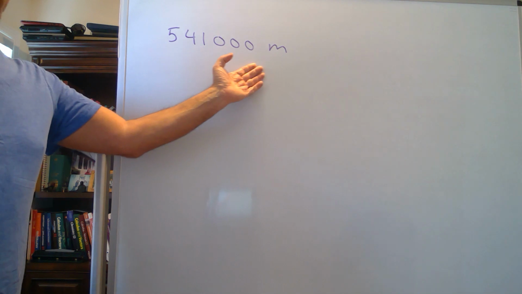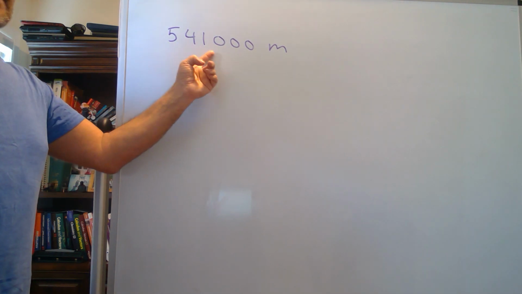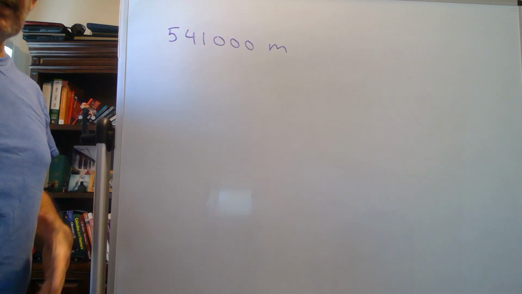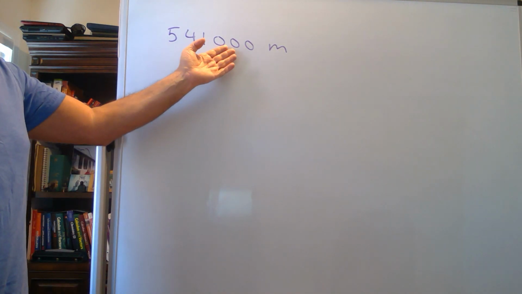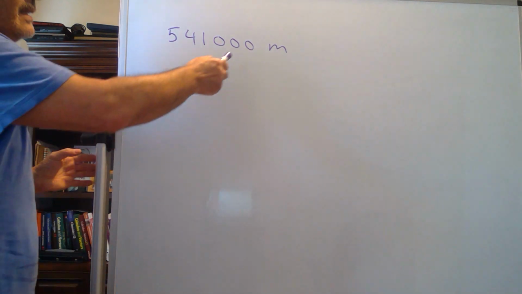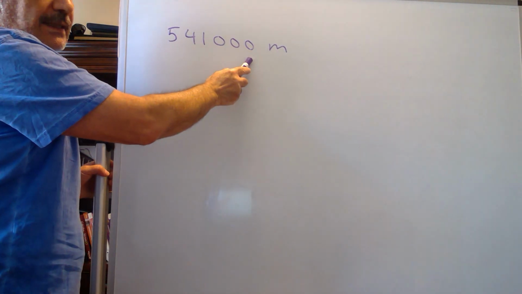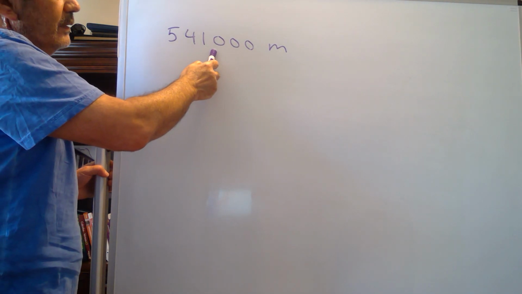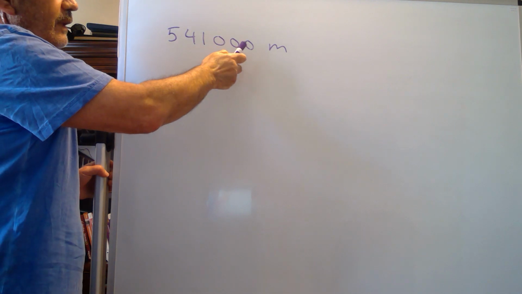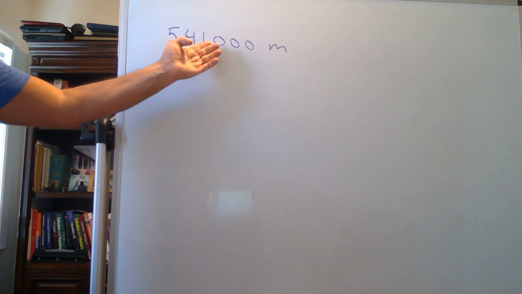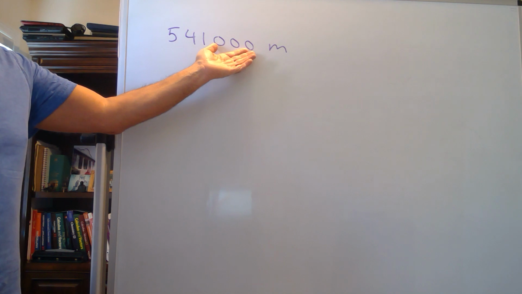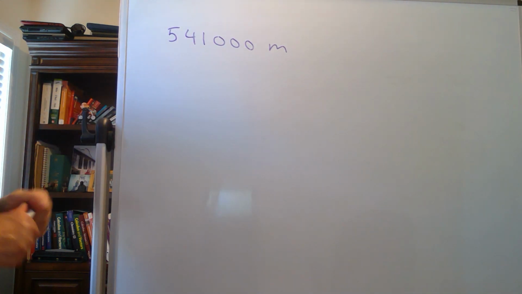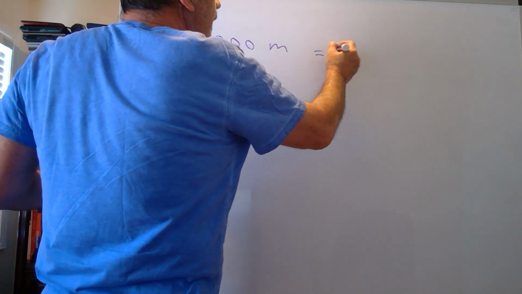So for this one, the number of significant digits is only these 3 non-zero digits. These zeros are showing the place value of this number. It means we don't have any digit in place value 1, 10, or hundreds. So these are only place value holders. This number has only 3 significant digits.